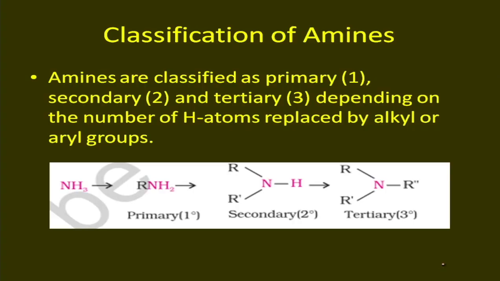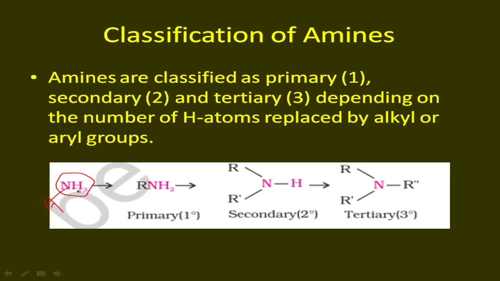Amines. Classification of amines. Amines are classified as primary, secondary, and tertiary depending on the number of hydrogen atoms replaced by alkyl or aryl groups. Amine comes from NH3, ammonia.